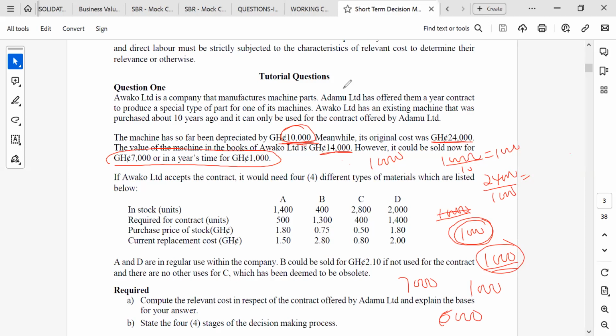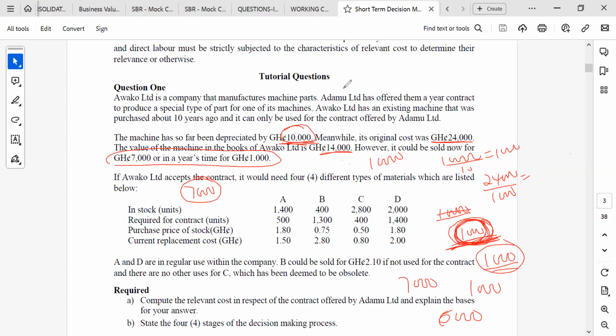Go over that one again. Okay. If we sell the machine now, it will be sold at 7,000, isn't it? Yes. But if we sell the machine right now, it means that we are going to hire a different machine, isn't it? Yeah. The different machine that we are going to hire, we assume that we will be paying 1,000, which is the annual depreciation. If you use the machine for this year, you are going to be using 1,000 out of it.